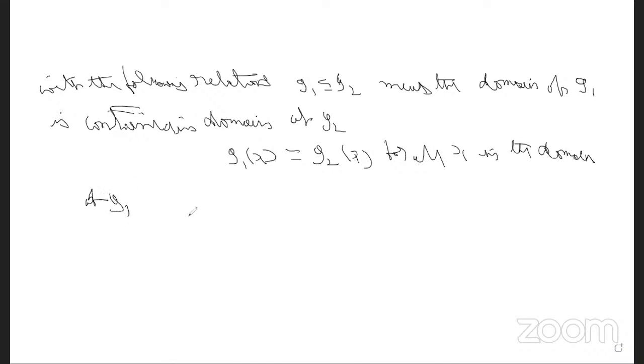So it is easy to see that the union of any chain of extensions is also an extension. Therefore, there is an upper bound of the chain.